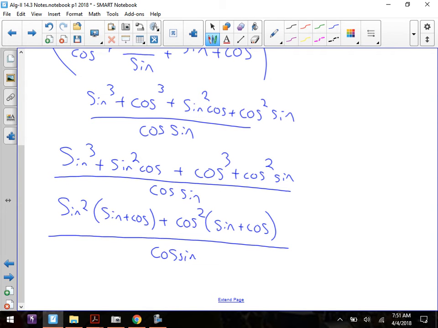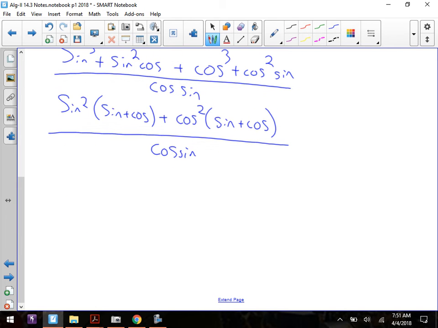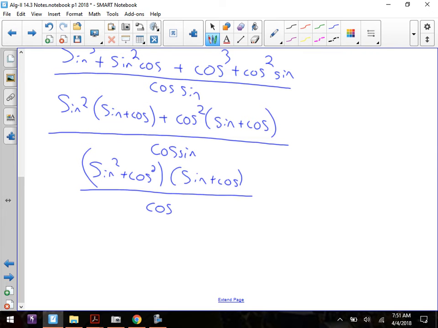Oops. If I group that sine squared and the cosine squared, it just becomes 1. Oh yeah, this works nice now. This becomes 1. You okay with that?